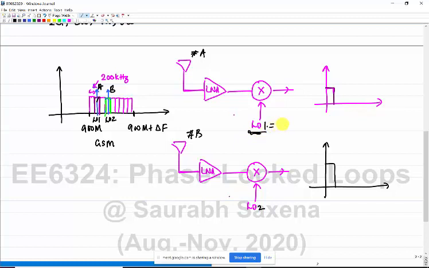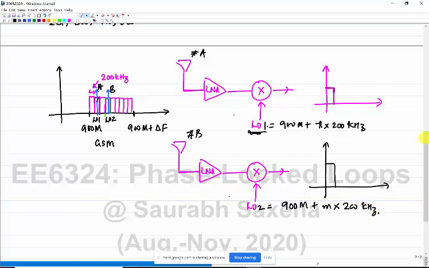Okay, so here I can say this LO frequency is nothing but some 900 megahertz plus some integer times 200 kilohertz. At the same time and same place, you cannot have normally the same LO frequency for the two users. At the same place you can't have, at different places you can have.